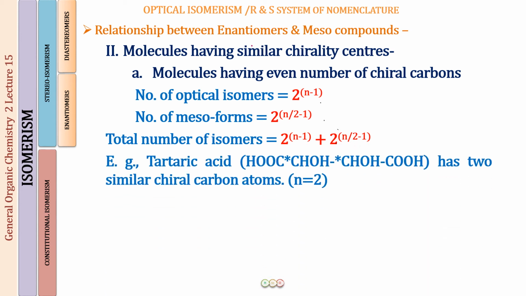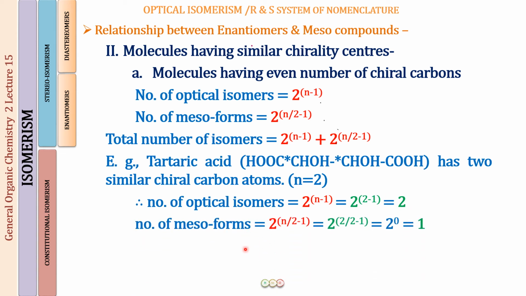Right? So for example, we have tartaric acid. You have already seen the structures. So here we have two chirality centers, so n is equal to 2. The number of optical isomers is going to be equal to 2 to the power n minus 1, so this means it will be equal to 2 to the power 2 minus 1. So this will be 2 to the power 1. That means the total number of optical isomers is going to be 2.